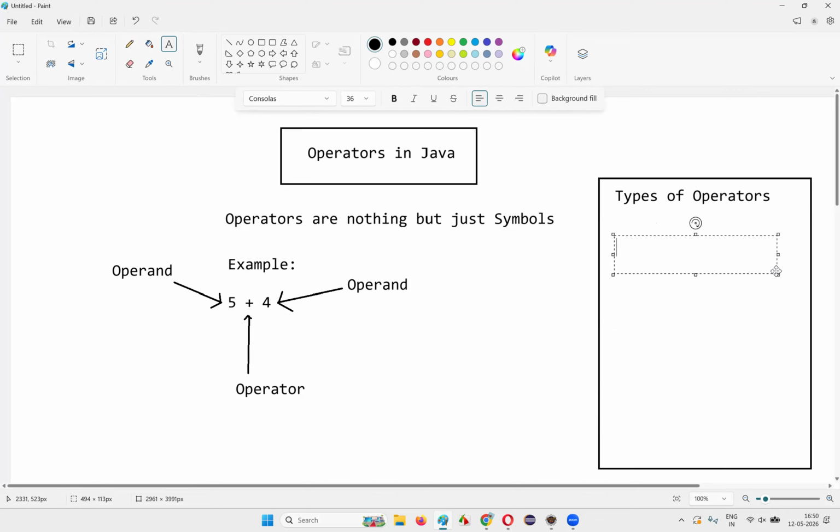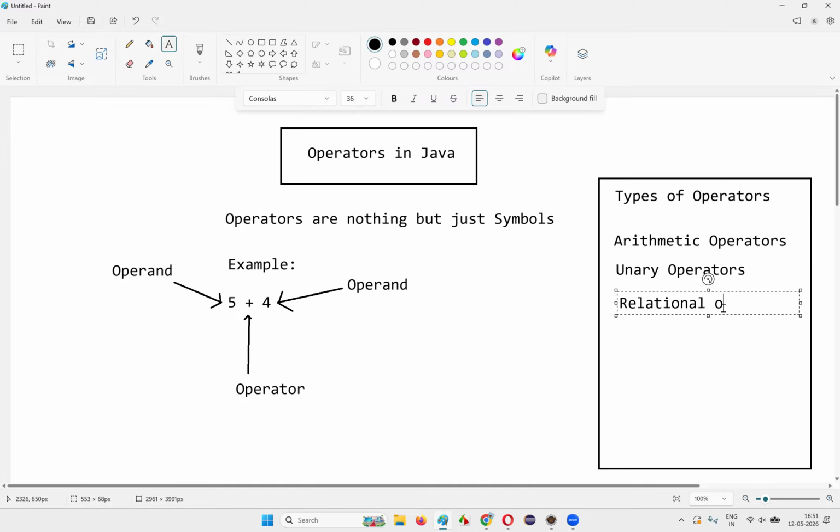The first category of operators in Java is arithmetic operators. Then the second variety is unary operators. The third category is relational operators.